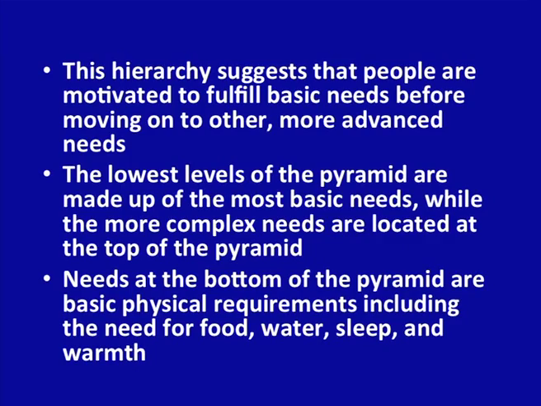The hierarchy, which we are going to see very shortly, suggests that people are motivated to fulfill basic needs of theirs first before moving on to other more advanced needs. The lowest level of the pyramid will be made of the basic needs, like for example hunger, thirst and whatnot.